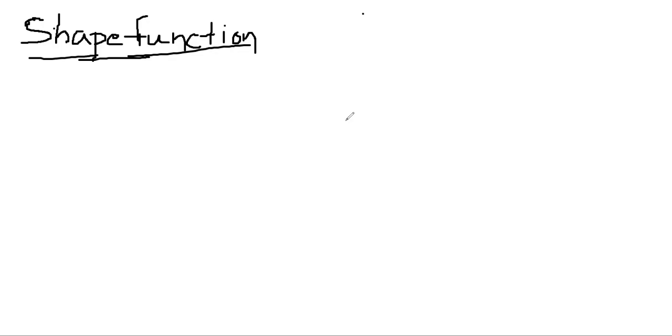In finite element method analysis, we discretize the solution region into finite elements. To conduct the analysis, we assume a displacement model to approximately indicate the variation of the displacement within this finite element.